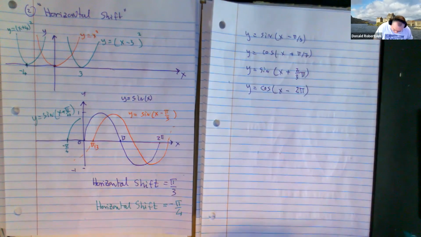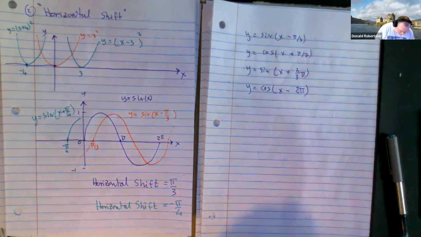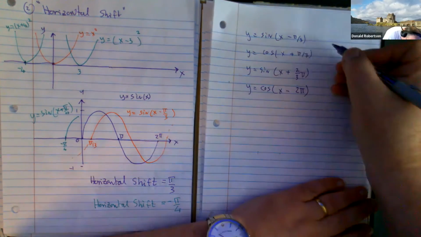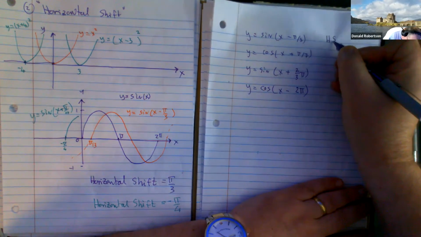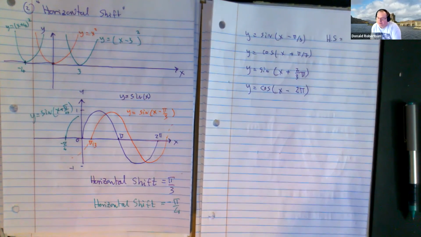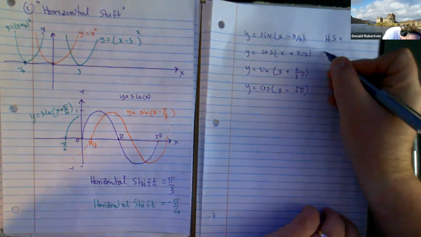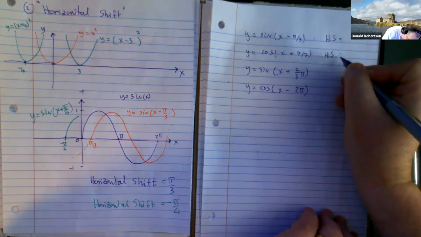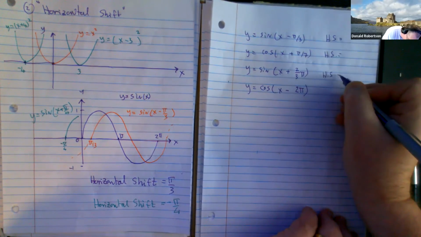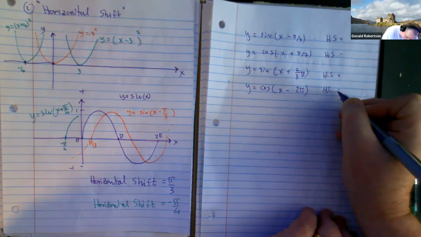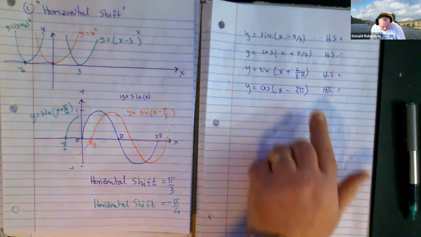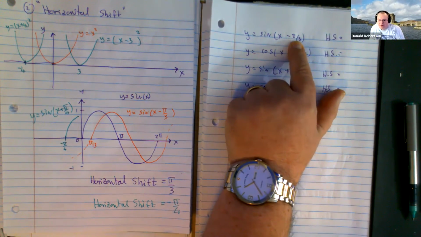For every single one of these questions, we are going to find the horizontal shift, and I'm going to call horizontal shift HS. Is that good for abbreviation? HS, horizontal shift. And there are 4 questions, and these are basically the simple ones. Start with this one. Positive or negative? That's basically all you need to answer, isn't it?